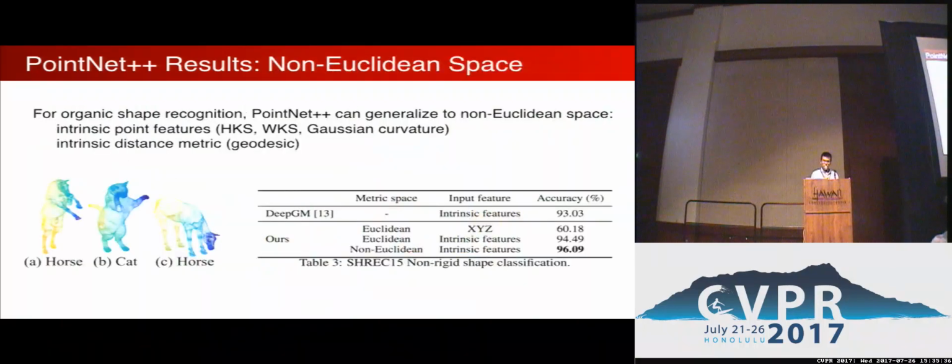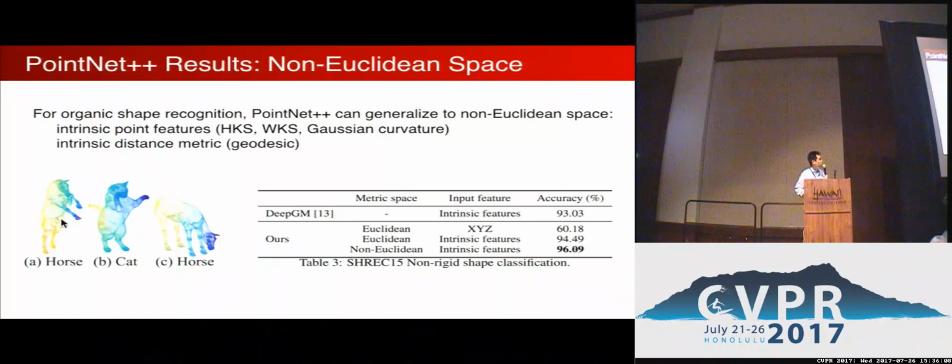Besides that, we also show that our PointNet++ is actually a very flexible architecture. It's not restricted to Euclidean distance or rigid objects. It can also be applied to organic objects. For example, here we want to classify animals, but this horse and cat, even though they are very similar if you just look at the contour and basic shape, are actually different categories. But their pose is just the same.